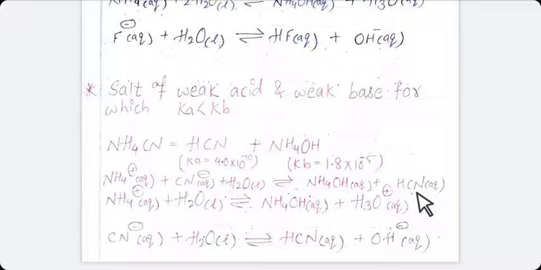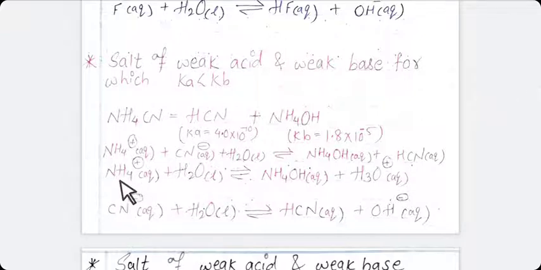The base NH4OH is stronger than the acid HCN. As you have seen, NH4OH is the base and HCN is the acid, so NH4OH is a stronger base than HCN is an acid. When the ions of this salt react with water, we get the reaction NH4+ (aq) + water (l) giving NH4OH (aq) plus hydronium ion (aq).